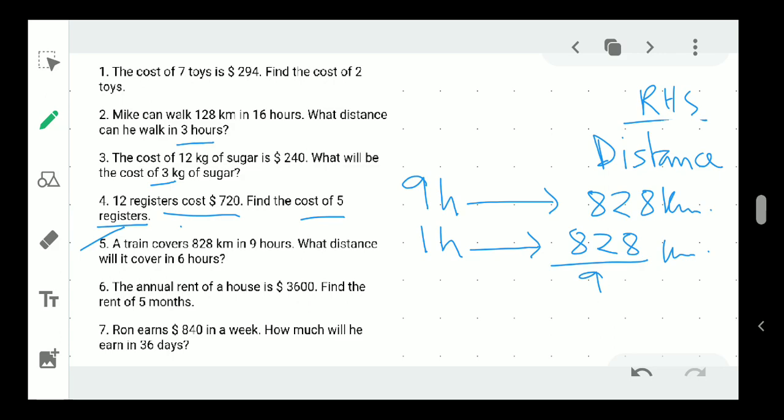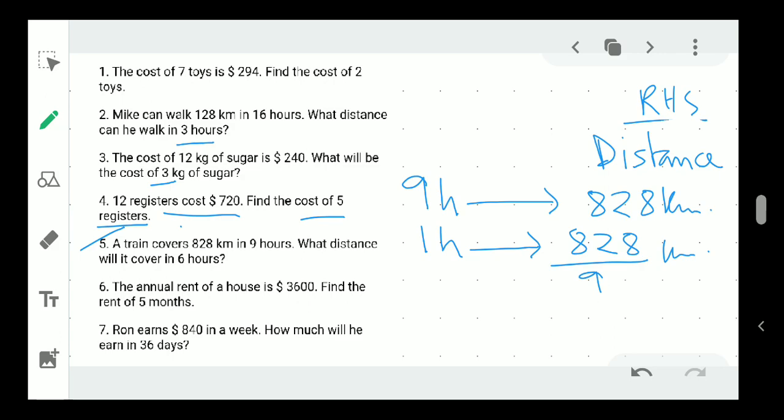One is multiplication, one is division. But if we multiply 9 with this much, it will be more. That means if you take less time, it will go more. But it is not true, right? If you take less time, you will cover less distance. But if you take more time, then you can cover more distance, right?